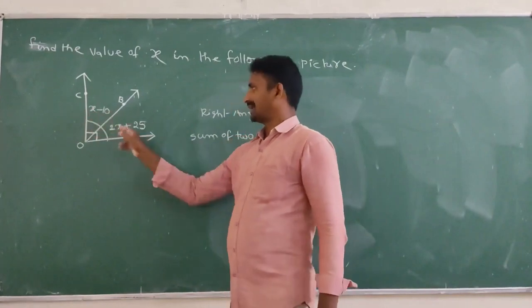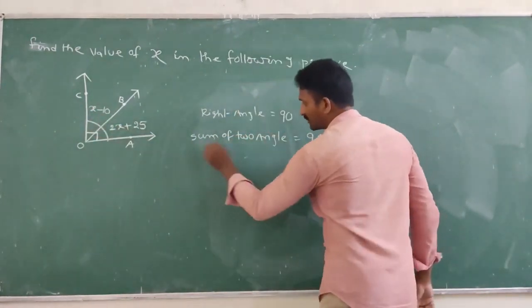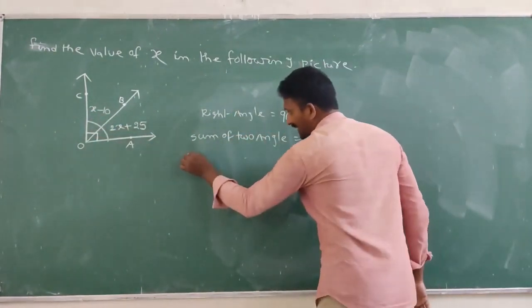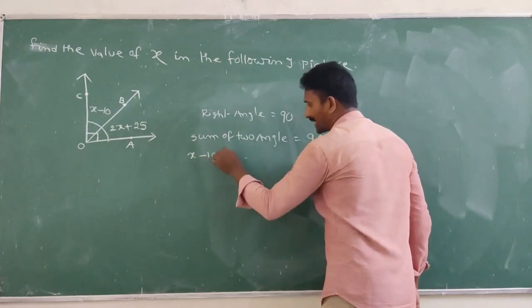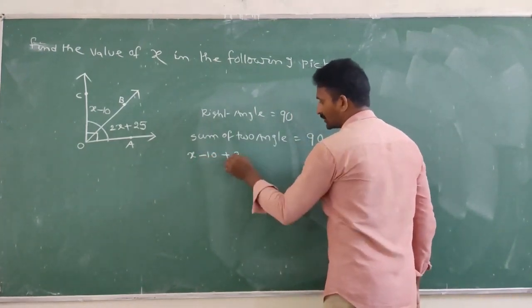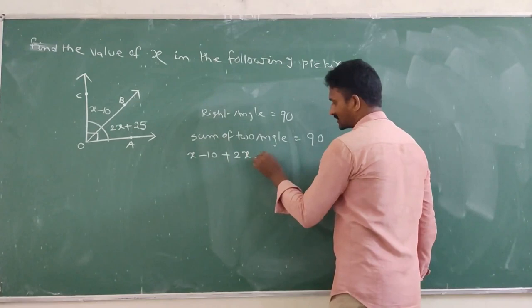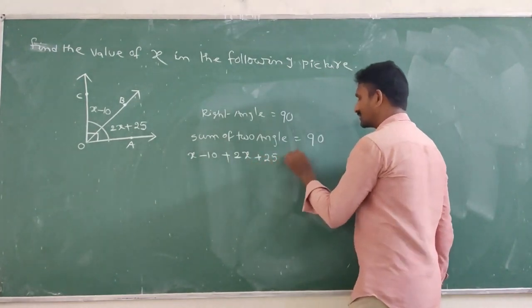One angle plus another angle: x minus 10 plus 2x plus 25 equal to 90.